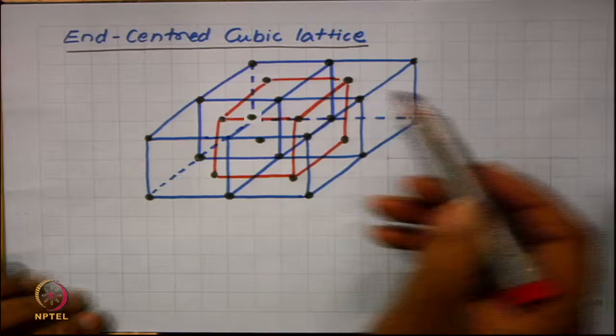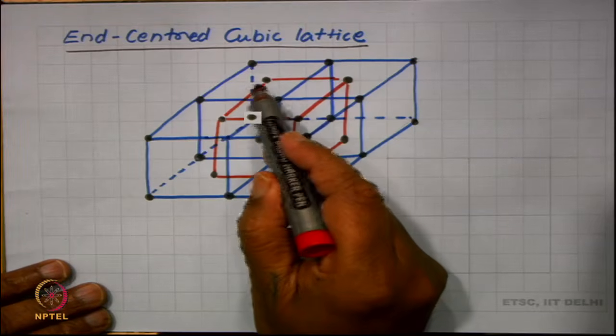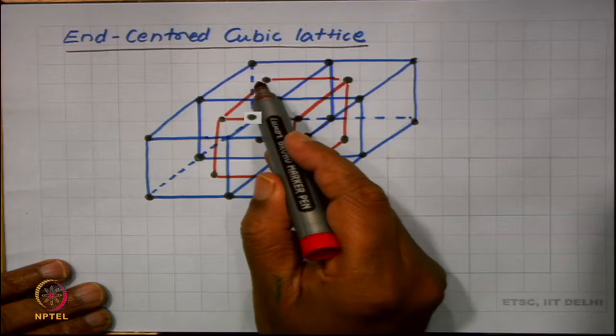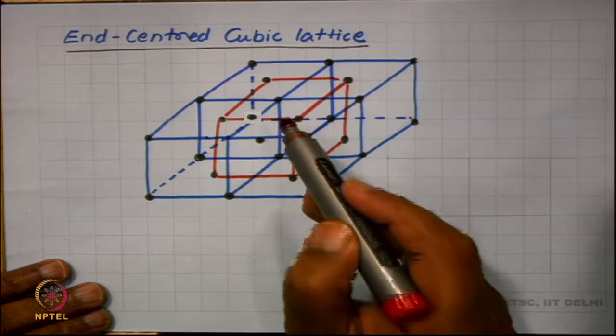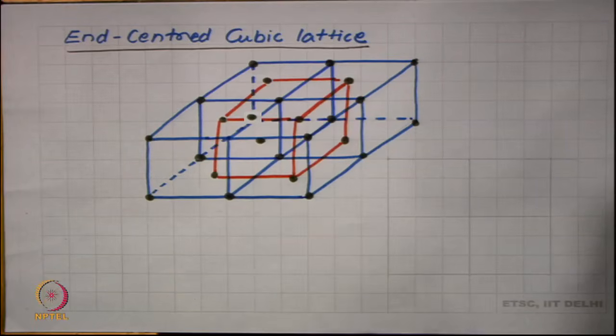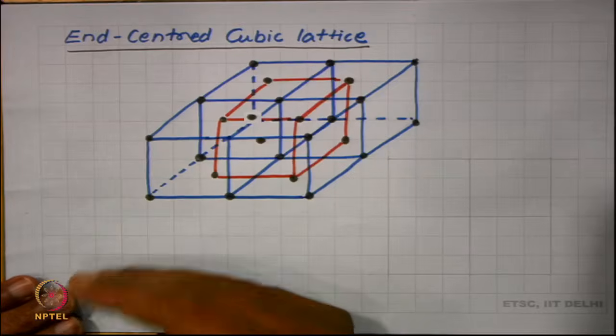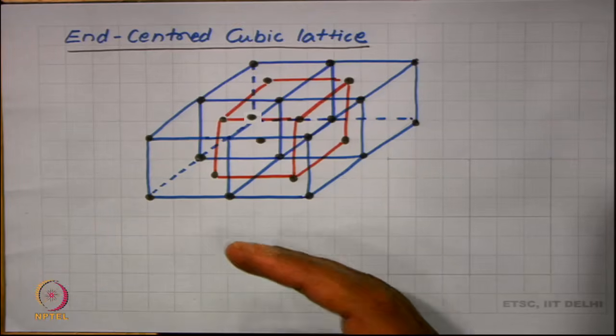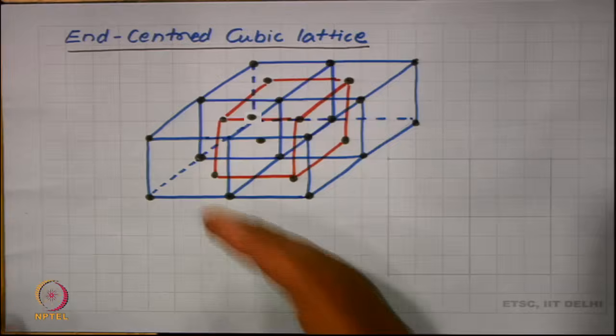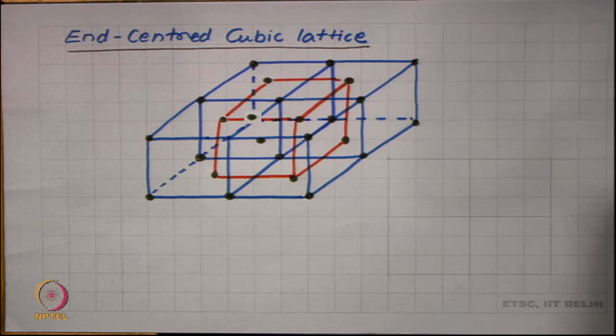So, this shows that these new points which we have added, the end centering points, are equivalent to the original points. So, they do form a lattice. So, we do have an end centered cubic lattice. It is not a mistake in that sense, it is a lattice. All points are translationally equivalent to form a lattice. Then why is it not in the list?